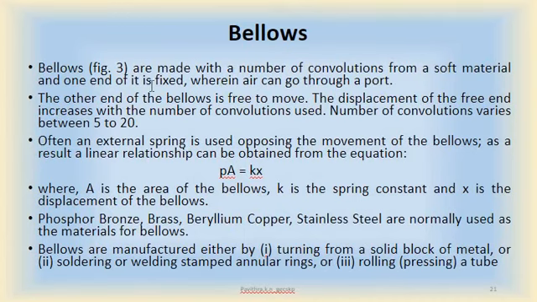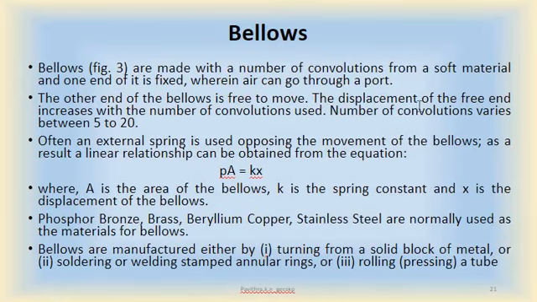And through this fixed end, the air can go through a port. To the fixed end there will be a port through which air can go out and inside. Okay, the other end of the bellow is free to move. As I have told, to that end we are providing the input.